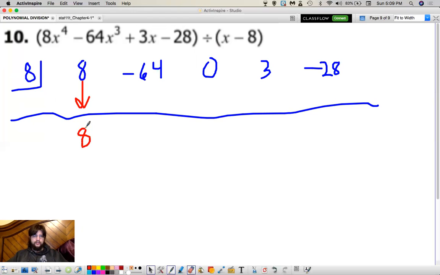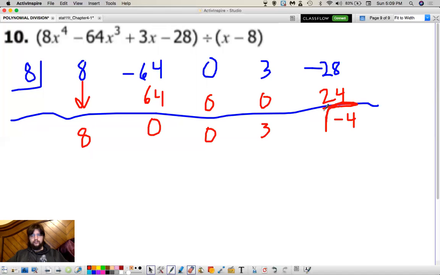Bring down the 8. Multiply. Combine. Multiply. Combine. Multiply. Combine. Multiply. Combine. That's our remainder. If you know your multiplication fast, it's a lot faster.